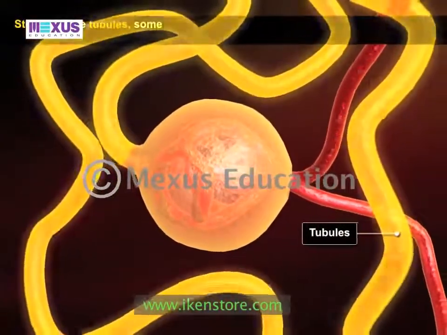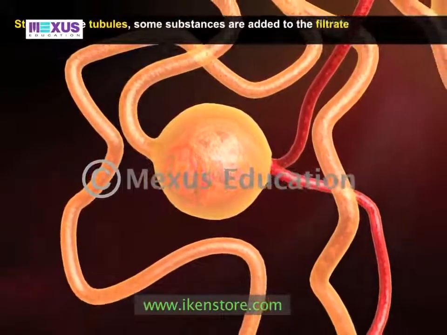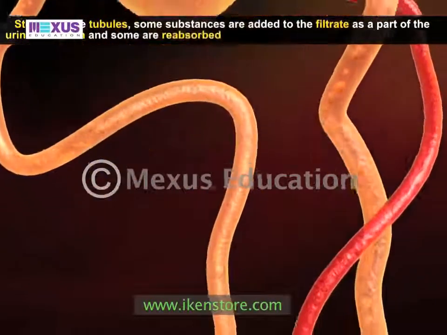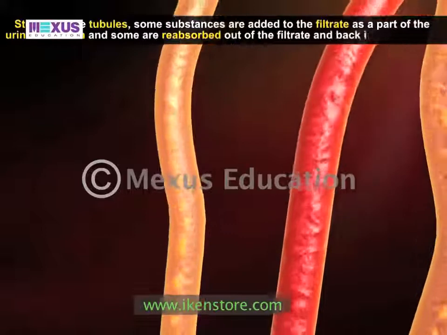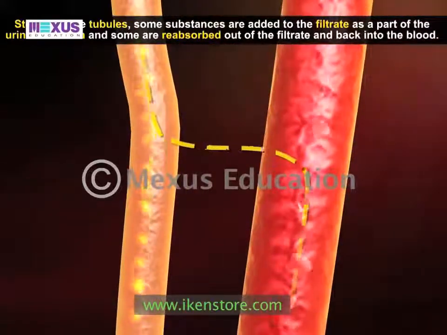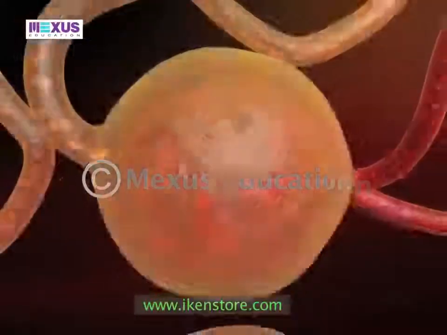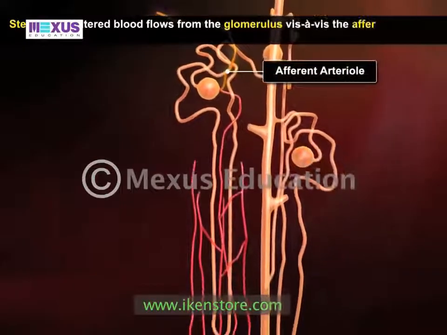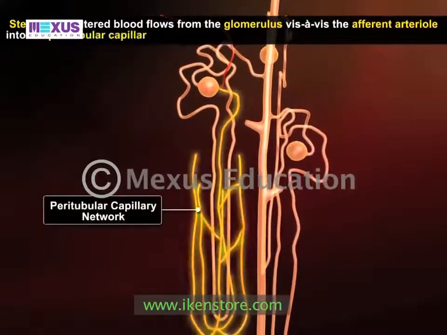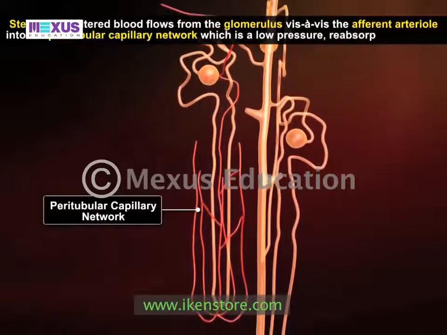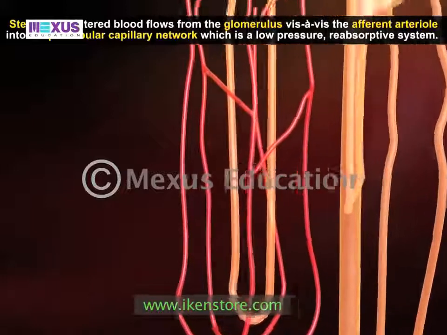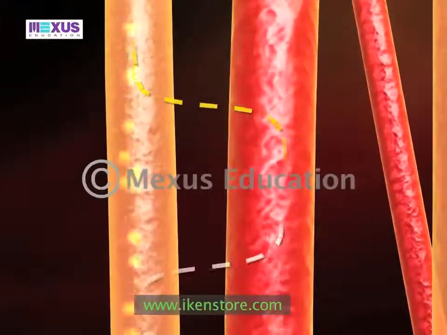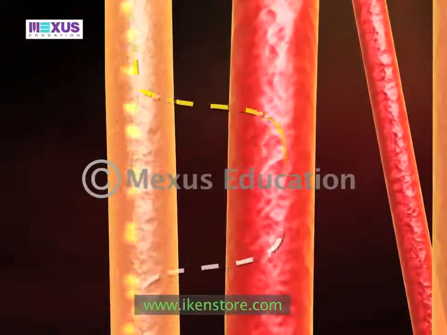In the tubules, some substances are reabsorbed. The blood, now filtered, flows from the glomerulus via the efferent arteriole into the peritubular capillary network, which is a low-pressure, reabsorptive system surrounding all portions of the tubules. This arrangement permits rapid movement of solutes and water between the fluid and the tubular lumen.